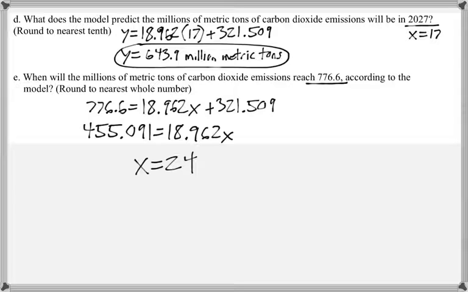Now, what does this mean? Well, our X value is our years, and it's specifically years after 2010. So 24 years after 2010 would be 2034. This would happen. So that is our final answer.